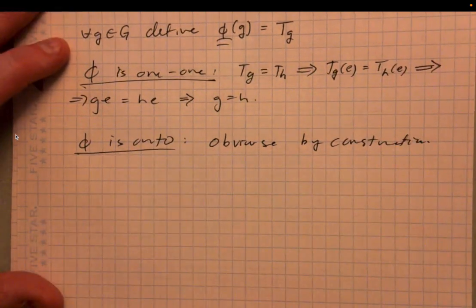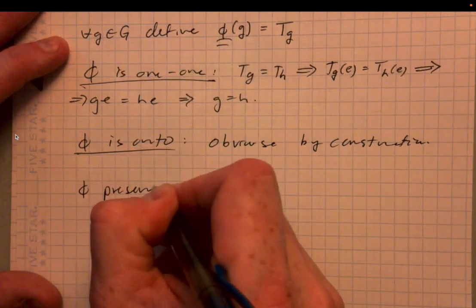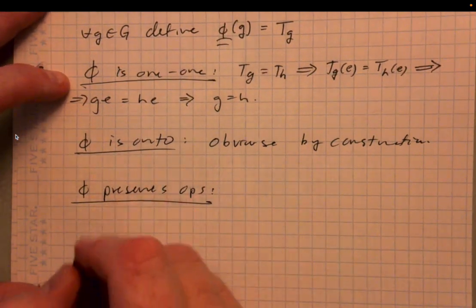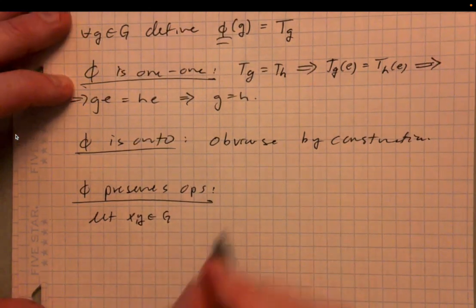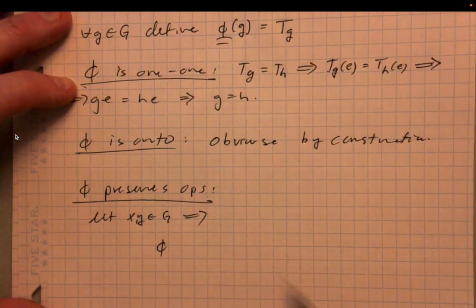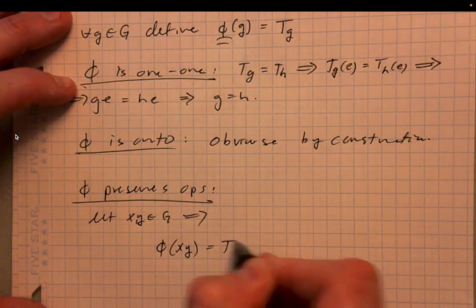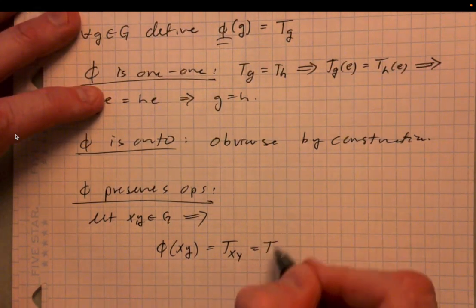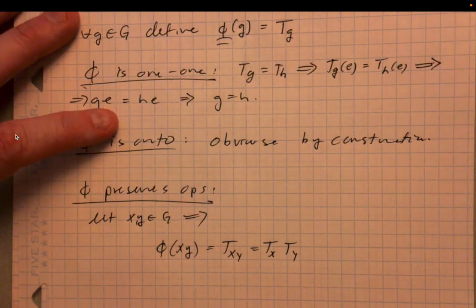Now, does it preserve operations? It does indeed. Let x and y be elements of G. Then phi of xy is equal to T sub xy, and we know that of course is T_x T_y.